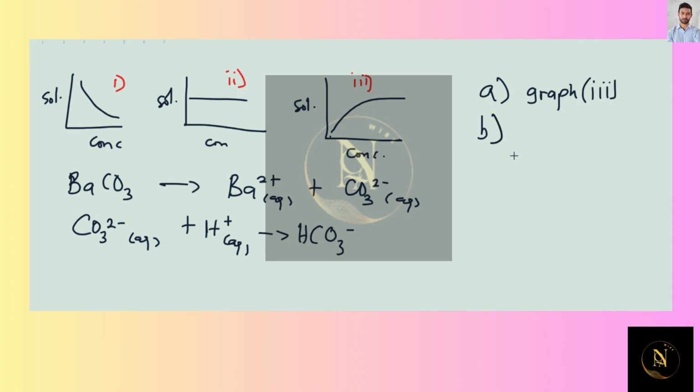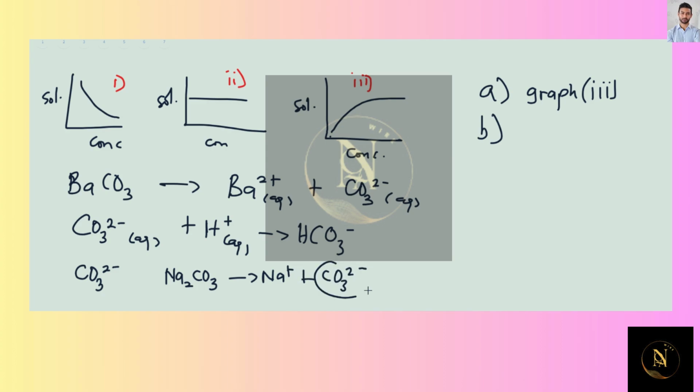B asks which graph represents what happens to barium carbonate as Na2CO3 is added. If we keep adding Na2CO3, we'll have an excess of CO3 2- ion in solution, because the Na2CO3 will go into solution to produce Na+ and CO3 2-.